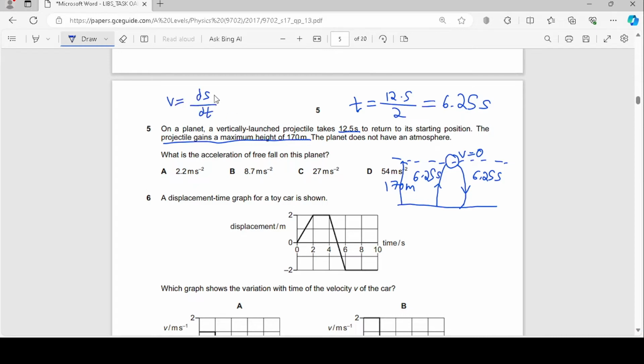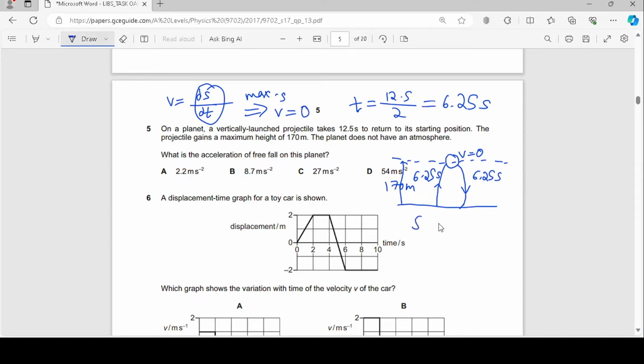So at the maximum displacement, your velocity equals 0. Yeah, so over here you have the velocity equal to 0. And the planet does not have an atmosphere, so you don't need to consider friction effects and air resistance. So what is the acceleration of free fall on this planet?